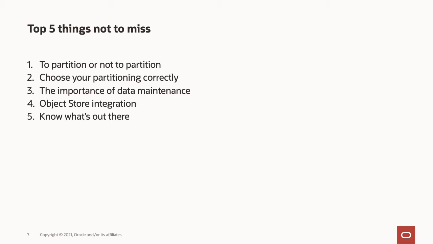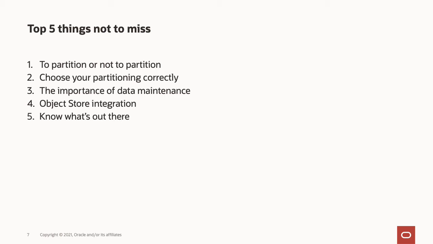Another topic is the importance of data maintenance. This is a topic very often overlooked in the past, but becoming more and more important for today's mission-critical large systems. Object store integration enables you to bridge the database to the world of the data lakes of the 21st century.